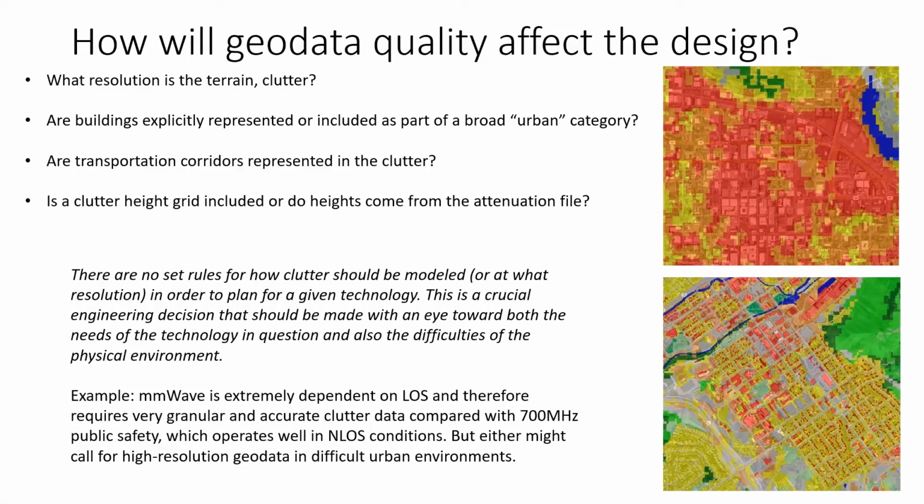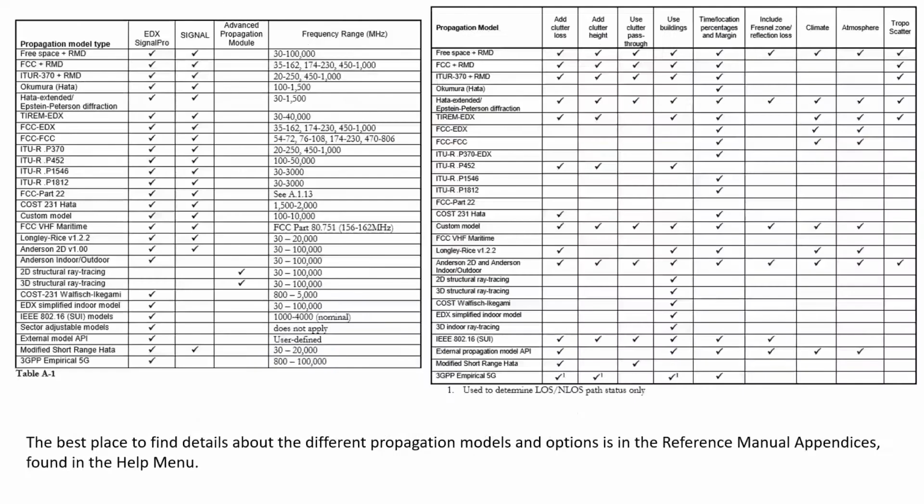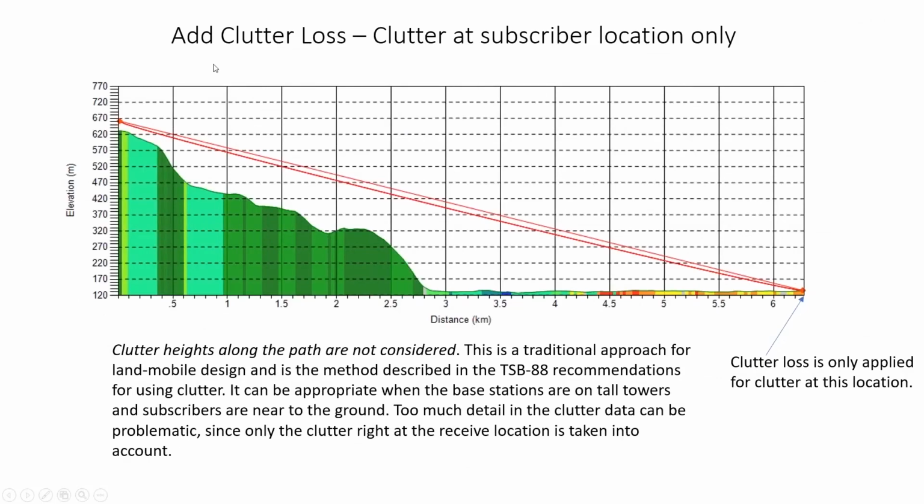We just know that the subscriber is in urban and we want to account for it. So again, the add clutter loss is like subscriber location based margin.